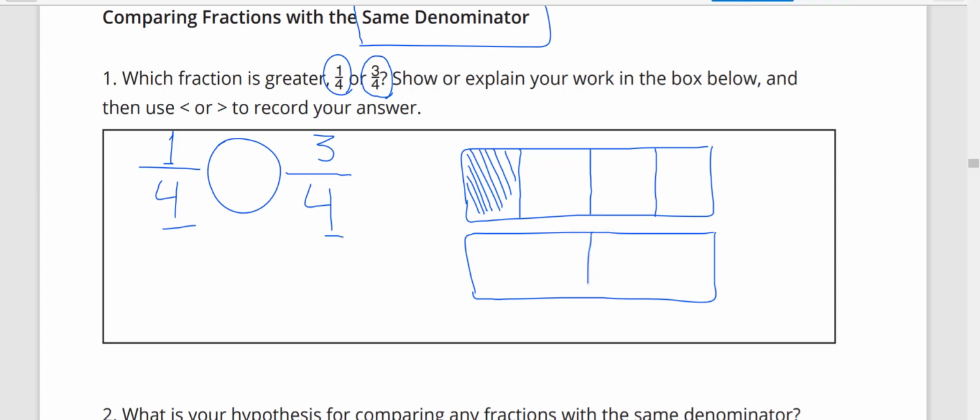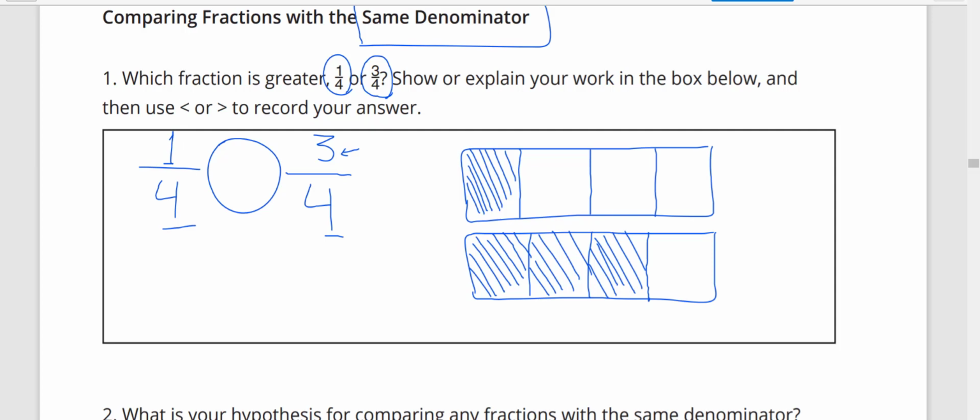Divide it into two equal parts and divide each part into two equal parts. And how many shaded parts? The number in the numerator is 3. So shade three parts: 1, 2, 3.